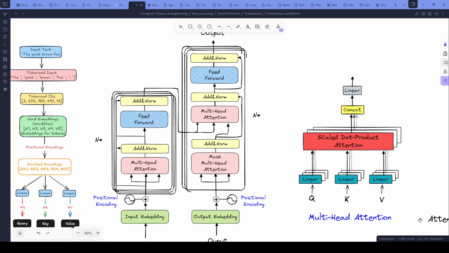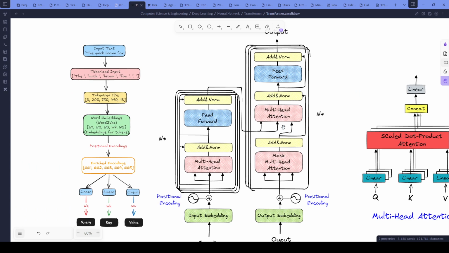We can see there's another multi-head attention in the decoder after the first masked multi-headed attention. In this layer, the encoder's outputs are the queries and the keys, and the first multi-head attention layer's outputs are the values.